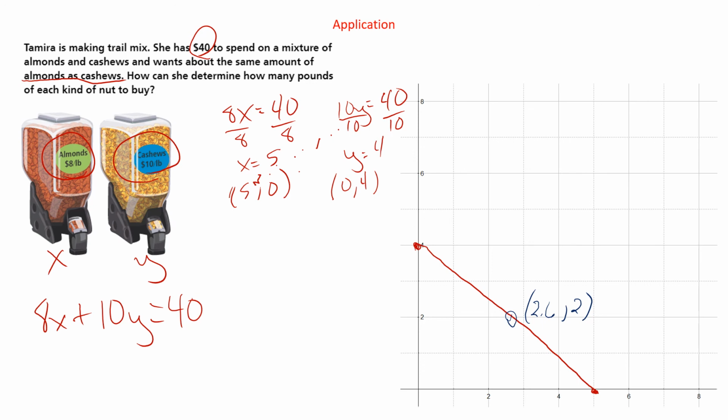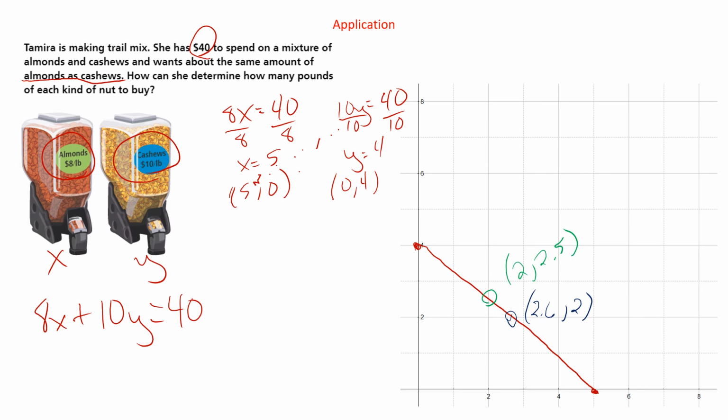We could have the point right here, which looks like she has 2 pounds of almonds and about 2.5 pounds of cashews.